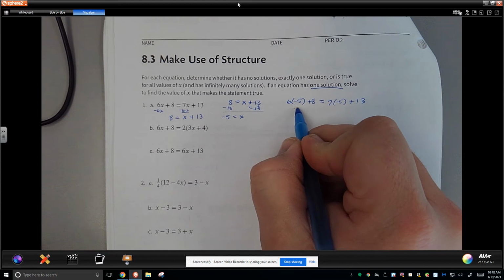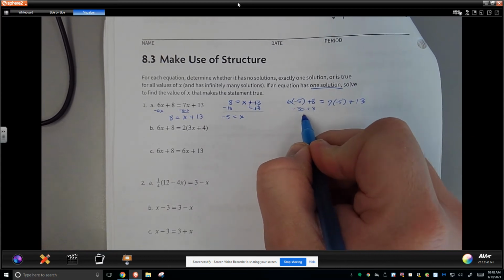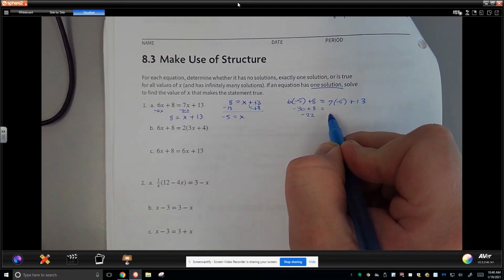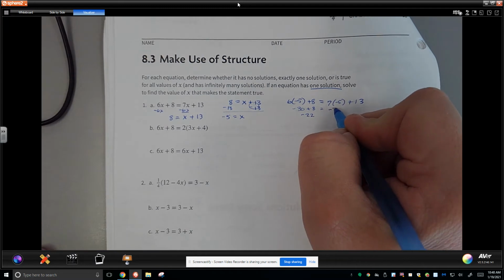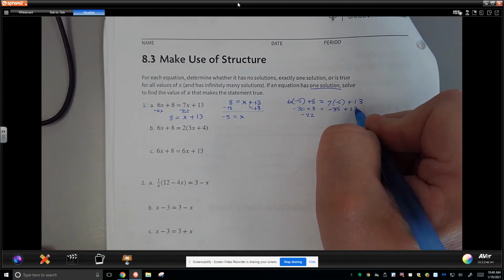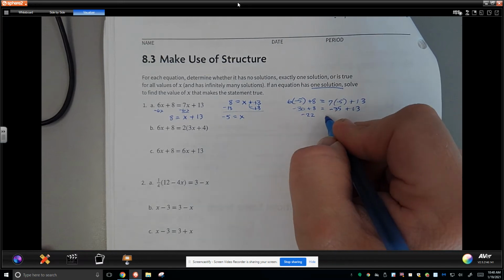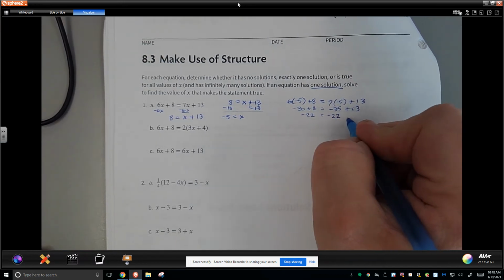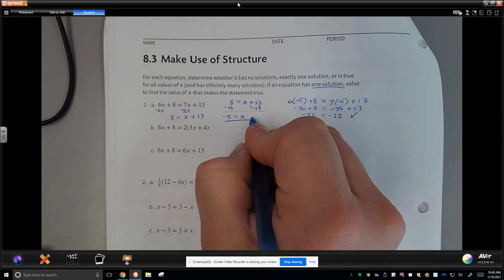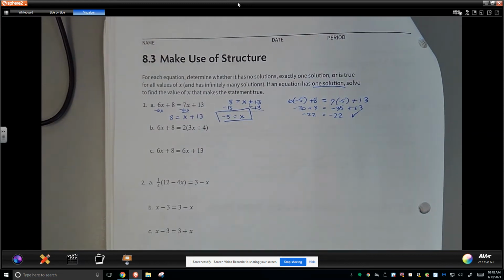That makes this negative 30 plus 8, which is negative 22. And then negative 35 plus 13. Negative 35 plus 10 is negative 25, plus 3 more is also negative 22. I know that I'm right. Therefore, x equals negative 5.